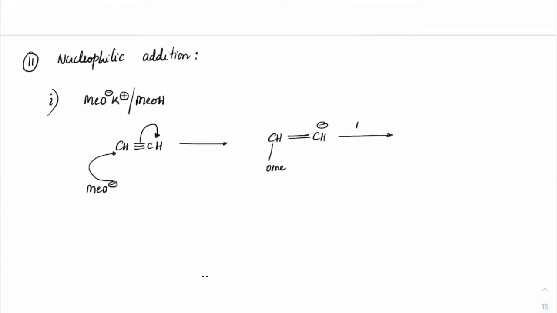On reaction with MeOH, it will take the proton and form CHOMe double bond CH2. So this is methyl vinyl ether. It will form methyl vinyl ether.